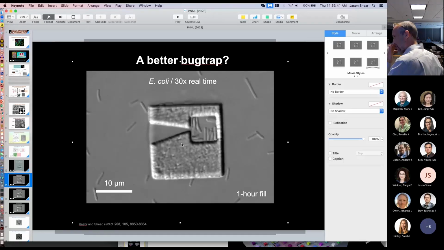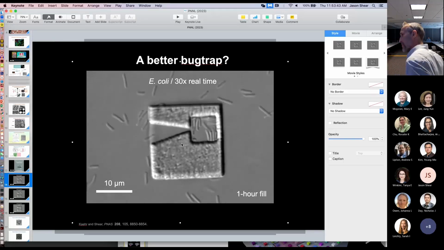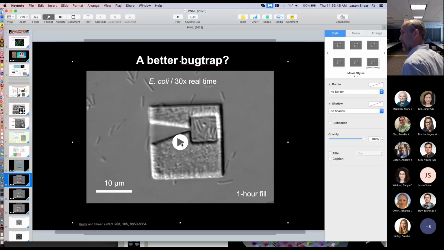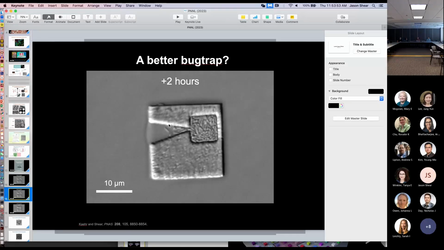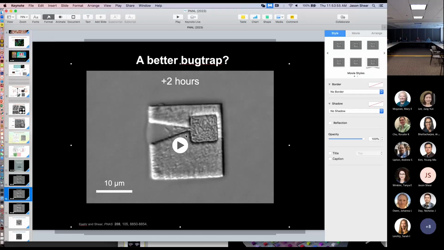So in this experiment, we allowed the cells to interact with the box for 1 hour. And then there's 2 hours later. And you can see the bacteria are moving around. They're at extremely high density, basically as high of a density as you could get.